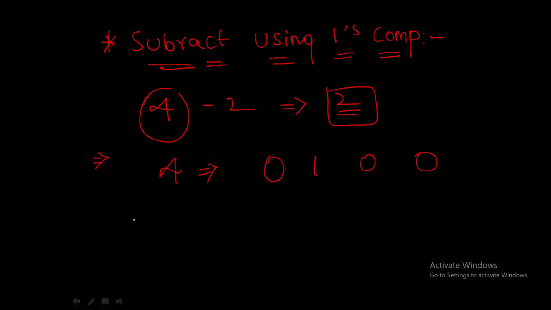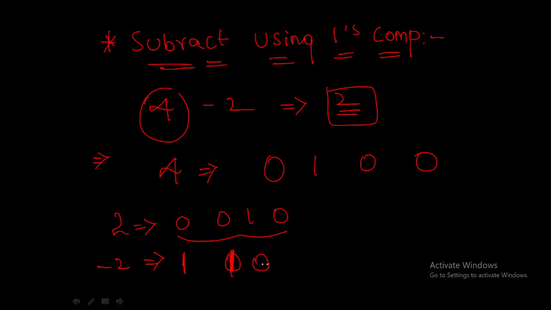And minus 2, how to represent minus 2 in 1's complement form? We should represent plus 2 first, which is nothing but 0, 0, 1, 0. And for representing minus 2, we should complement this plus 2, which is nothing but 1, 1, 0, 1.